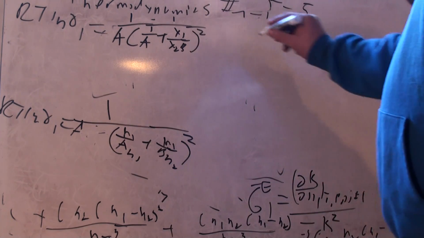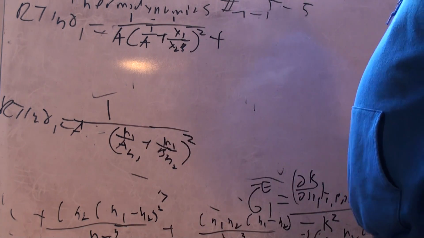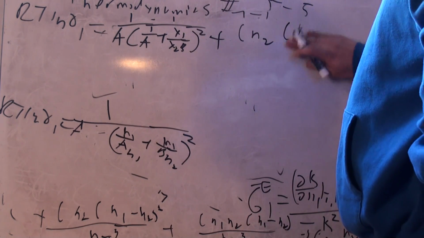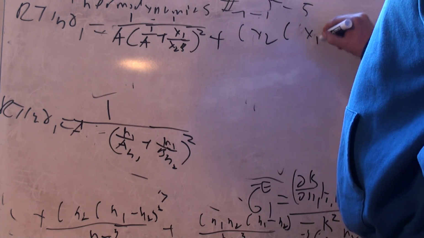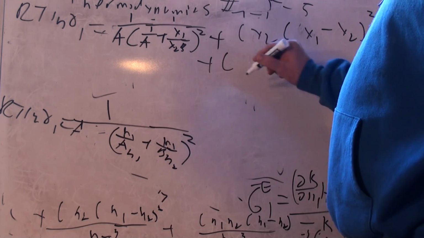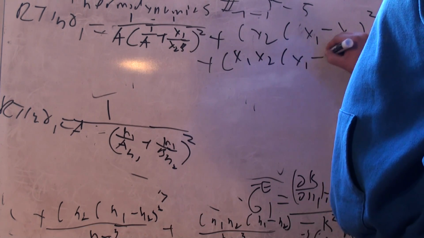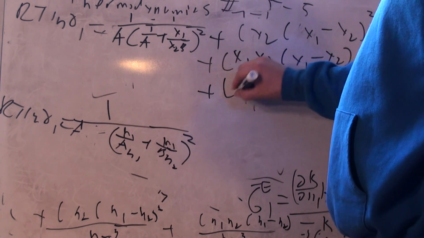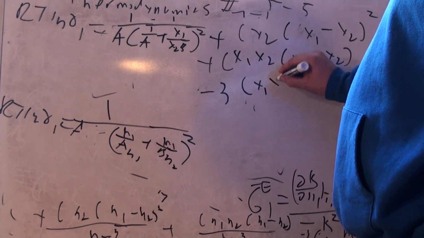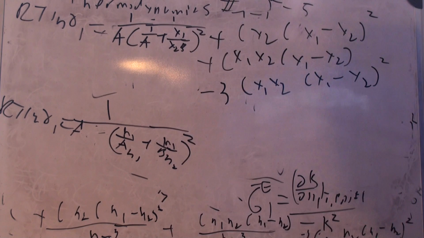Alright, and then let's see here, we got plus. I do have enough for those all to be x2, so this is c n2 n1, c x2 x1 minus x2 quantity squared plus c x1 x2 x1 minus x2 plus c, minus 3c x1 x2 x1 minus x2 quantity squared.